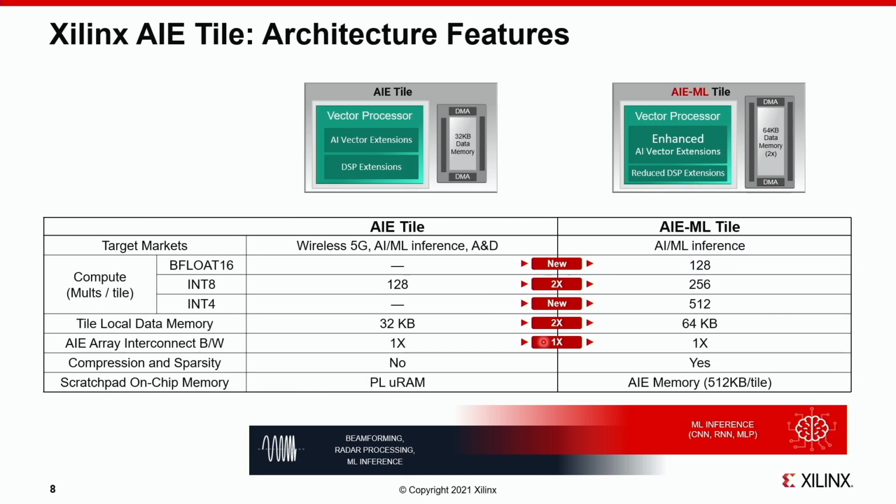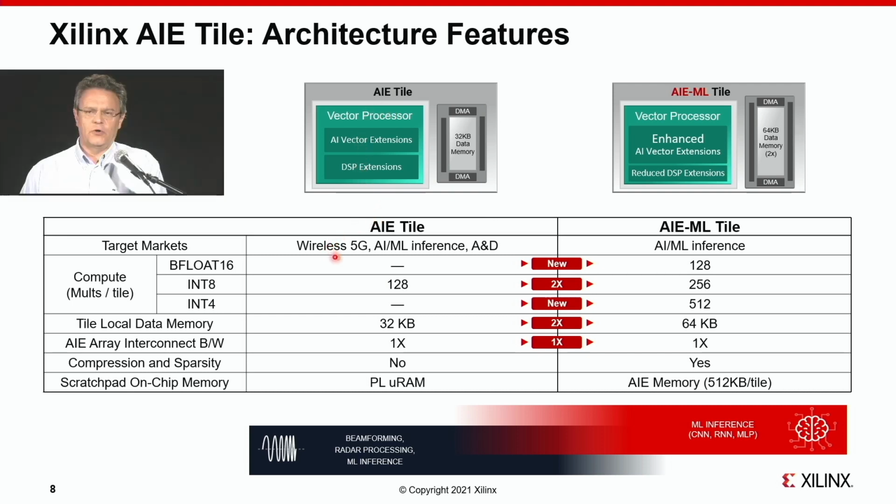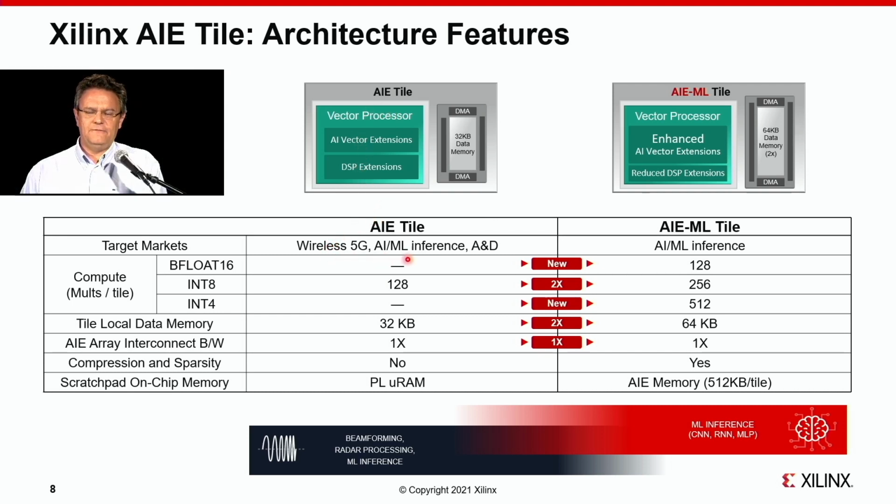This table is maybe one level down comparison of the first generation AI tile architecture, which was optimized for wireless 5G, ML inference, and aerospace and defense applications. As you can see, it has 128 multipliers per tile, but it didn't have native support for bfloat16 or int4.